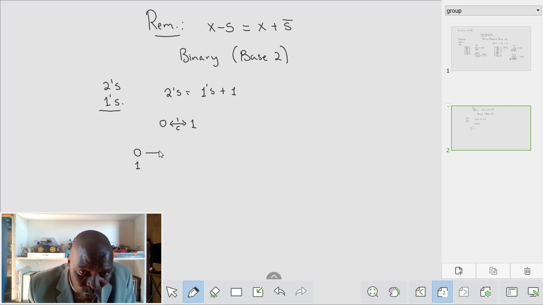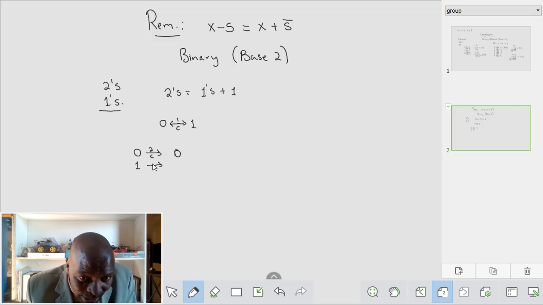The 2's complement of 0 is going to be 0, because it must add up to give us 2, but we are going to carry that, so we don't show the carry, we worry about the sum, and therefore our 2's complement of that is a 0. All right, the 1's complement of what?